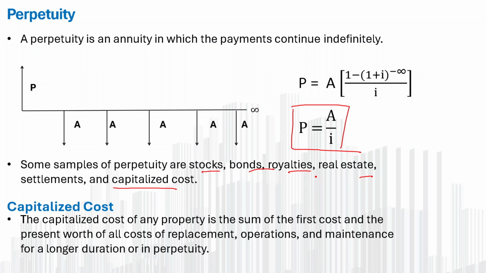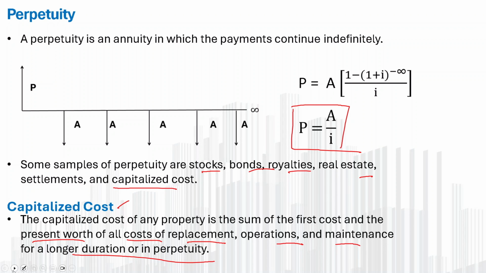Yearly maintenance, rent, operations costs, so on and so forth. As for capitalized costs, ito yung cost ng any property is the sum of the first cost, the present worth of all costs, replacement, operations, and maintenance for a longer duration of perpetuity. That's pretty much it.